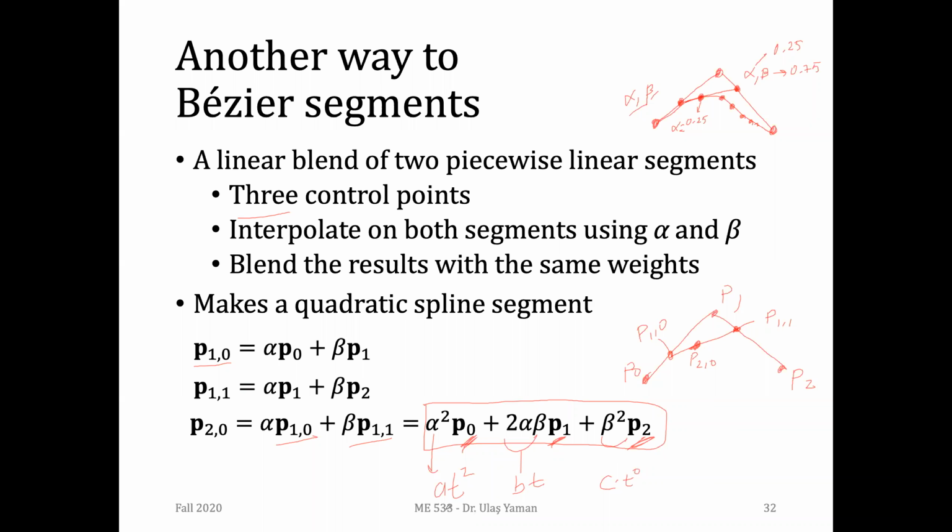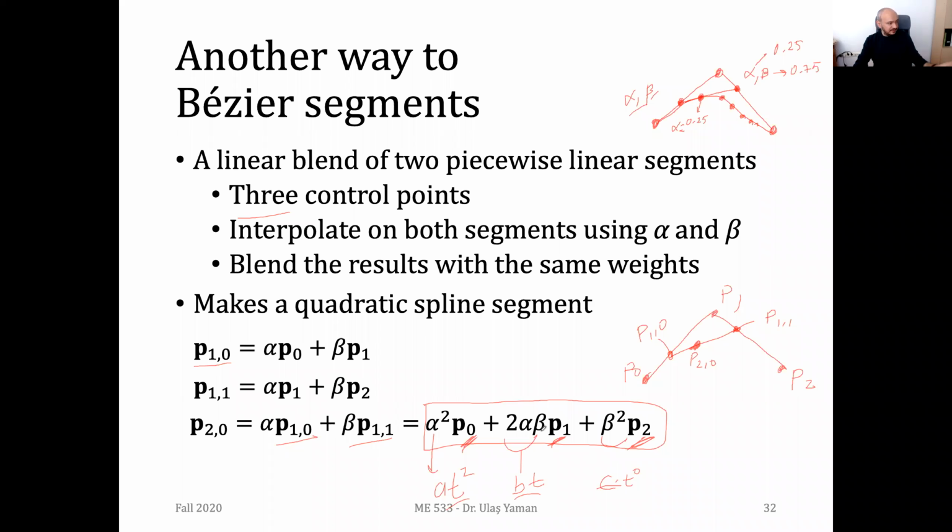You need to have 3 coefficients, but in this one there's a relationship between them, since we obtain them by using the linear segments. So that's why we have alpha and beta everywhere. But in general, you need to have 3 coefficients for quadratic curves and 4 coefficients for cubic splines. So depending on the order, you may need to increase the number of coefficients.